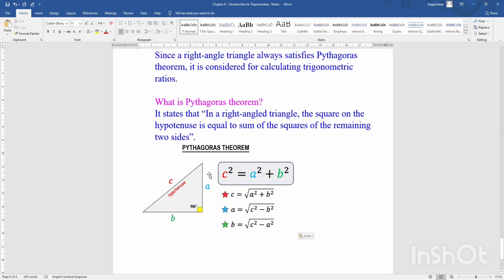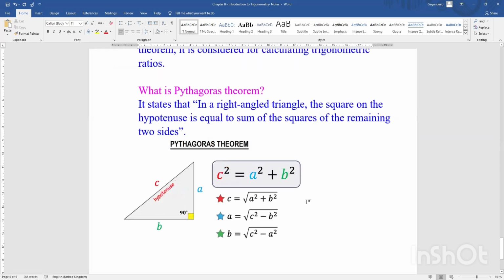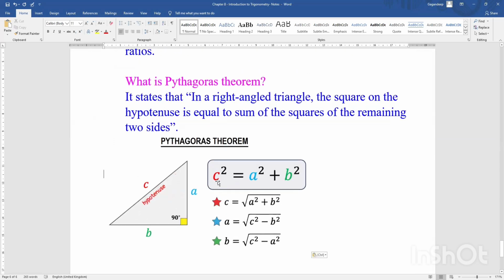Now here we have this Pythagoras theorem. We have got a right angle triangle, and as I told you earlier, this c is the hypotenuse. The side opposite to 90 degrees is the hypotenuse. Okay, and I have marked the side c with red color, so you can see the red font here, and then we have a in blue font, and then we have b in green font.